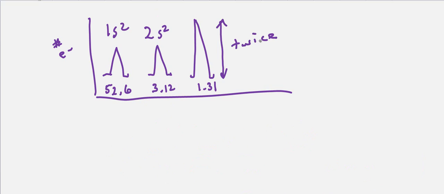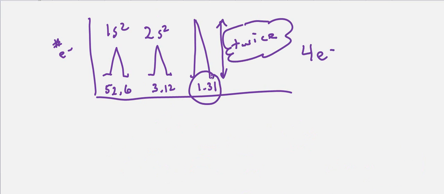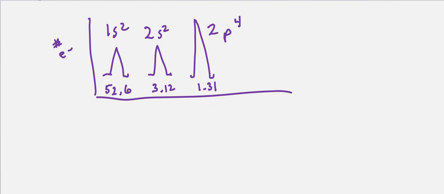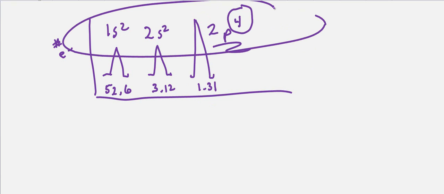The last peak we can see is twice as high, so it represents 4 electrons, and it has less energy, which means the electrons are located at a slightly higher energy state. This would be our p electrons. And with the height being twice as high, it represents 4 electrons, so we have 2p4. This electron configuration and the PES data match with the element oxygen.